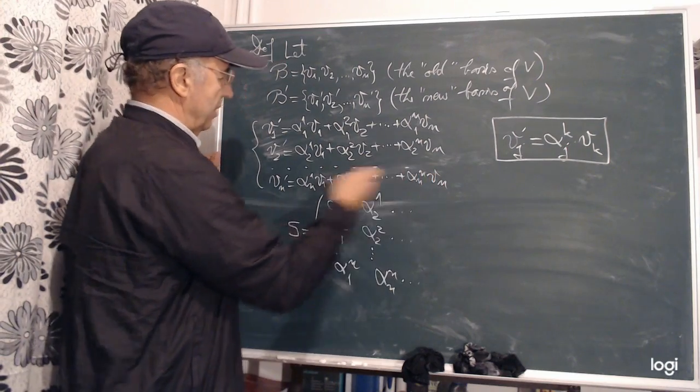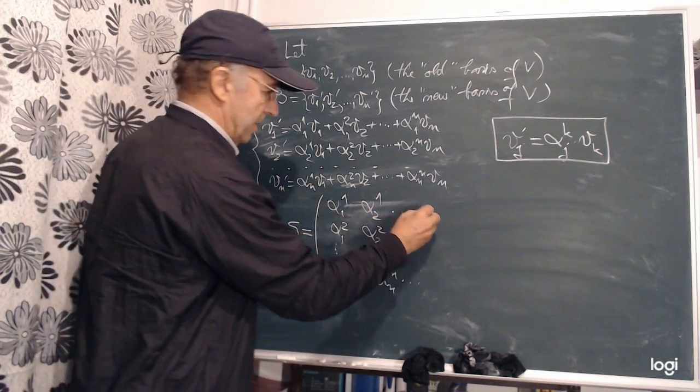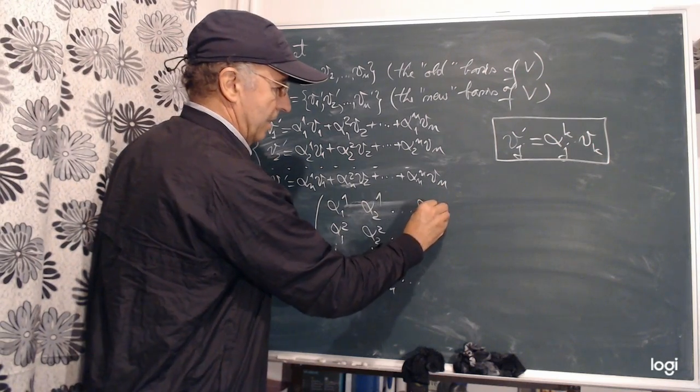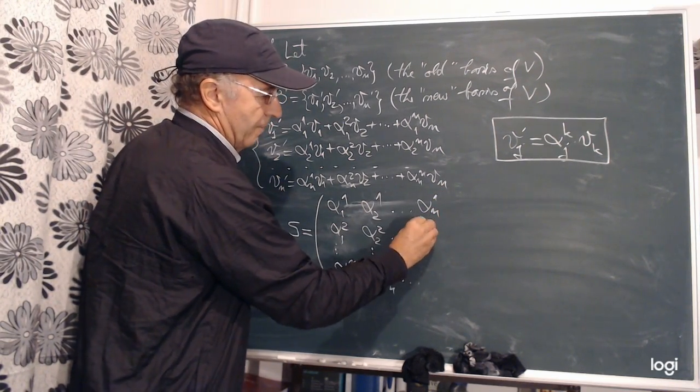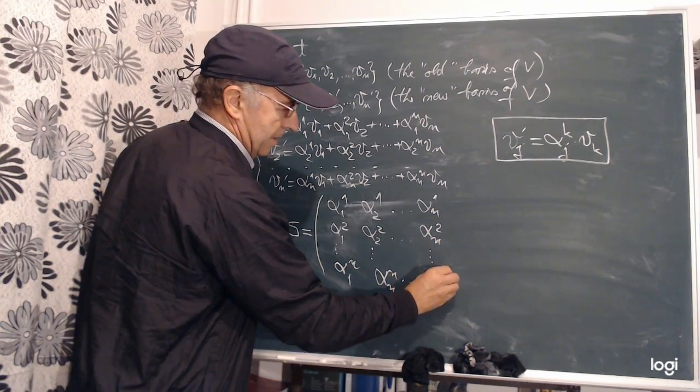The last column, the coefficients of vn prime: alpha n1, alpha n2, up to alpha nn.